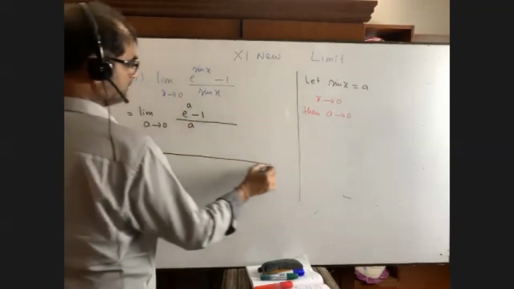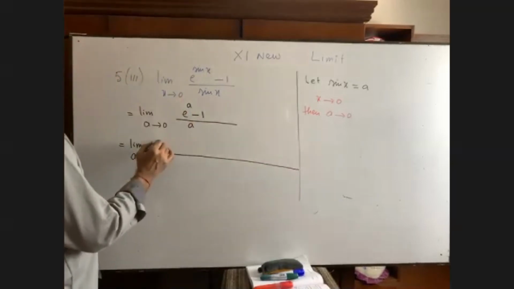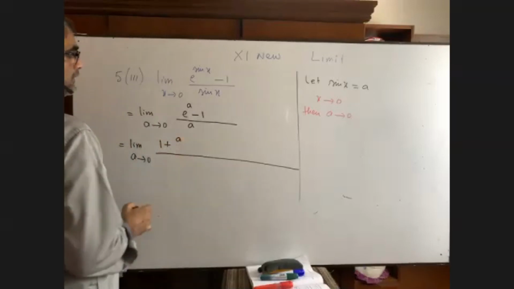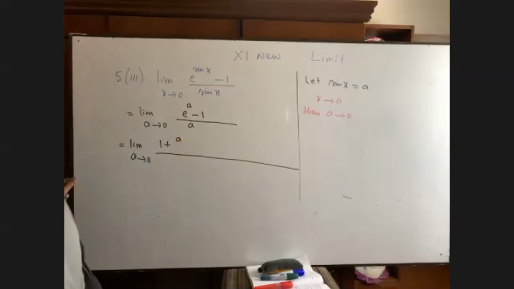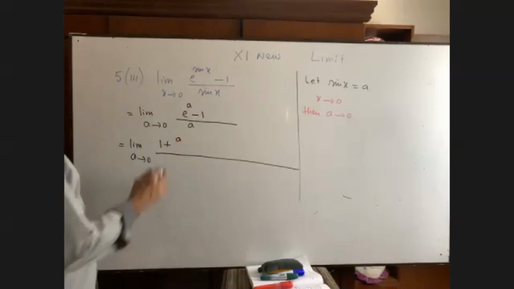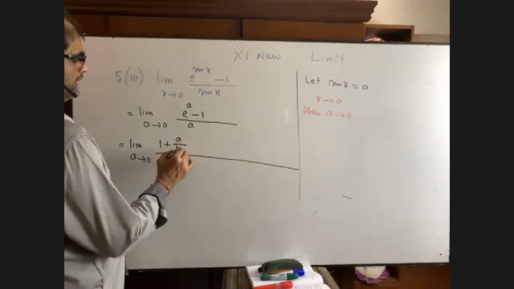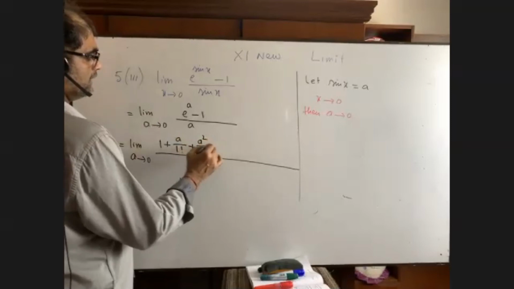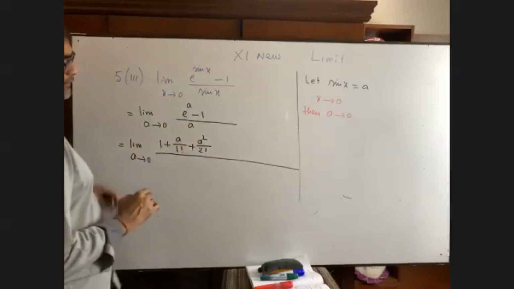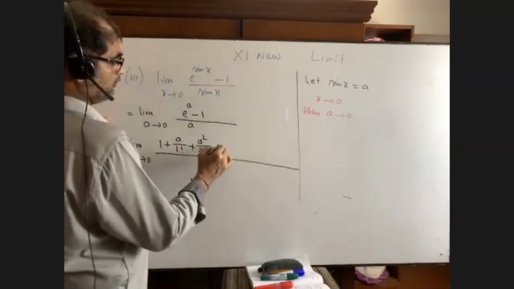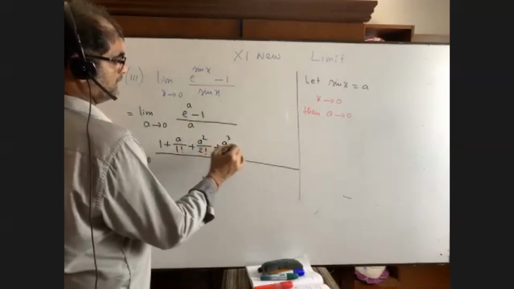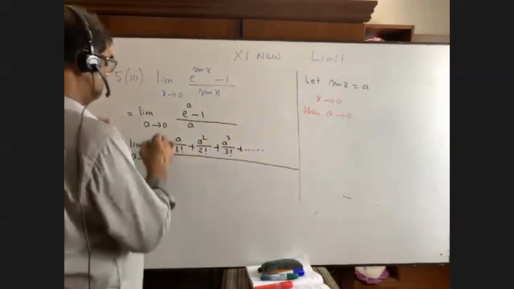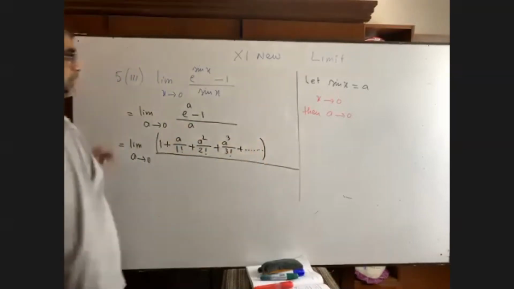Please let me know. 1 plus a by factorial 1 plus a square by factorial 2 plus a cube by factorial 3 plus dot dot dot, right? This is the formula of e to the power a.